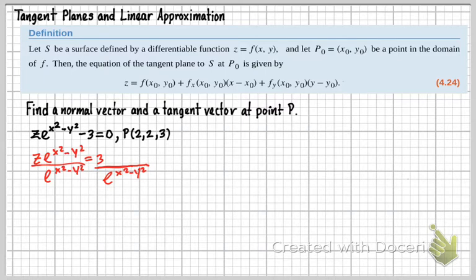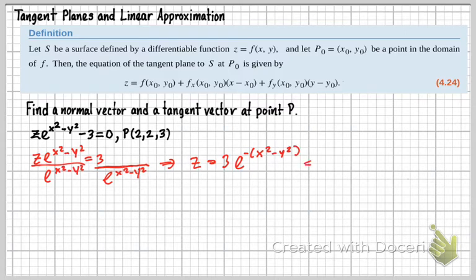So I'll end up with, I'll just write it to the right here, z equals, now keep in mind, when I have an e on the bottom, that exponent could be a negative and I can write it in the numerator. So this is really 3 e to the negative x squared minus y squared.